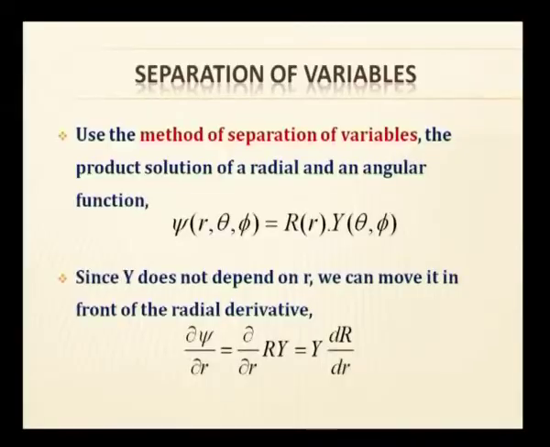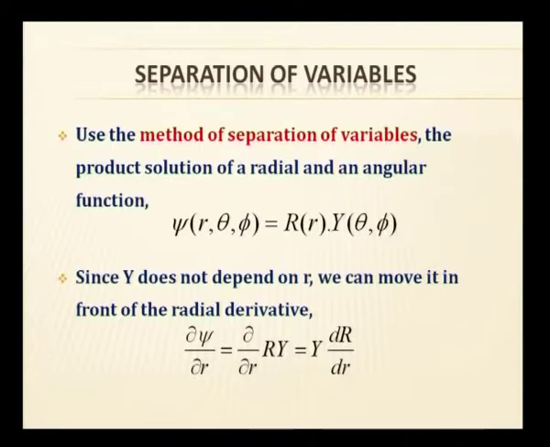By this what I mean is r does not depend upon theta, theta does not depend upon phi. Therefore, the entire equation can be split up by the method of separation of variables. What we mean is the entire equation can be split up into the radial part and the angular part.